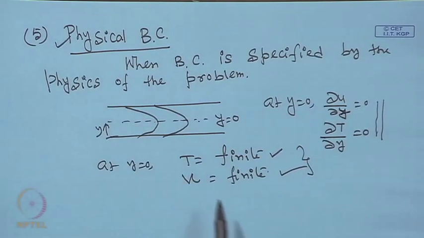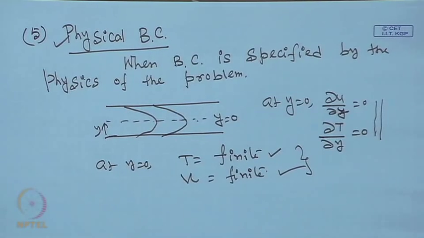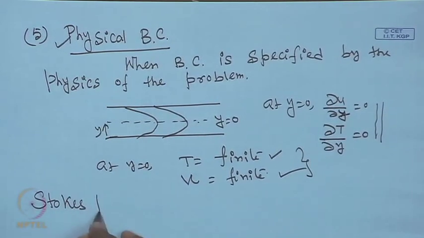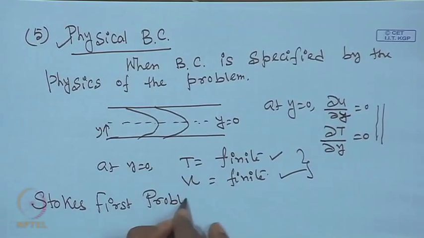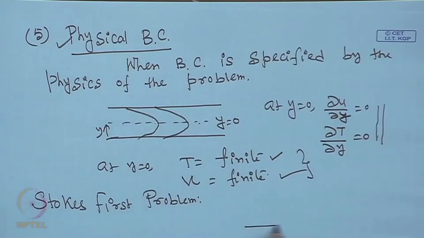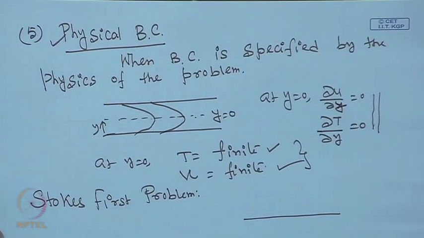So, these boundary conditions are known as physical boundary conditions. Similarly, if we talk about the Stokes first problem, what is the Stokes first problem? Suppose a stagnant liquid is placed in a domain, and we put a stationary plate there.